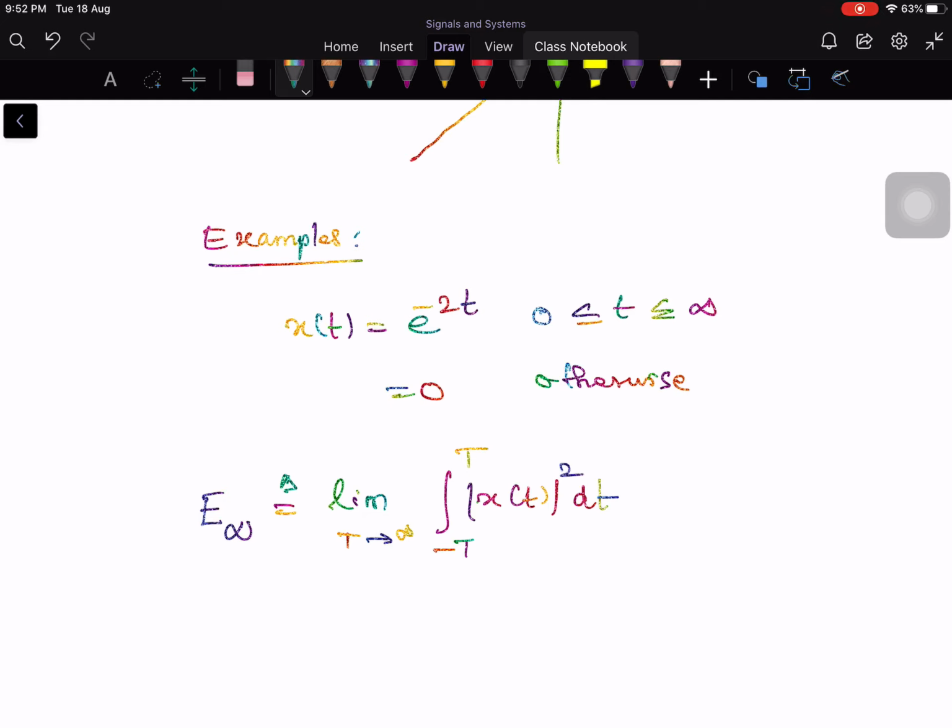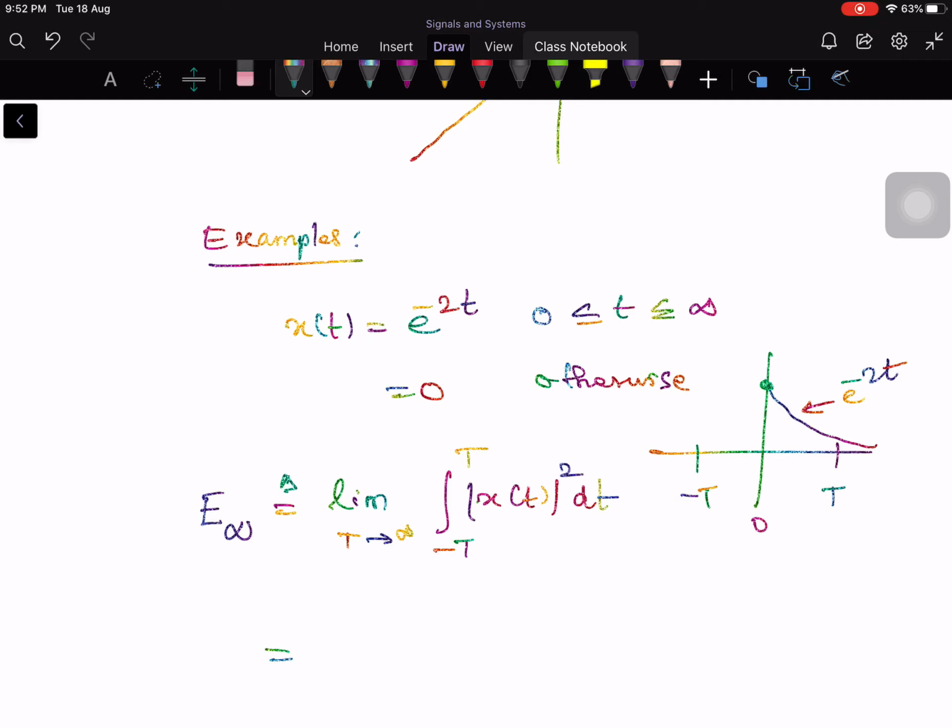Okay, since the signal does not have any negative part, it starts from 0. The minus T is here and plus T is here, so it is 0 from minus T to 0, and the signal is a decaying exponential. This is your e power minus 2t. When t equals 0, the magnitude is 1. So this is your e to the minus 2t.